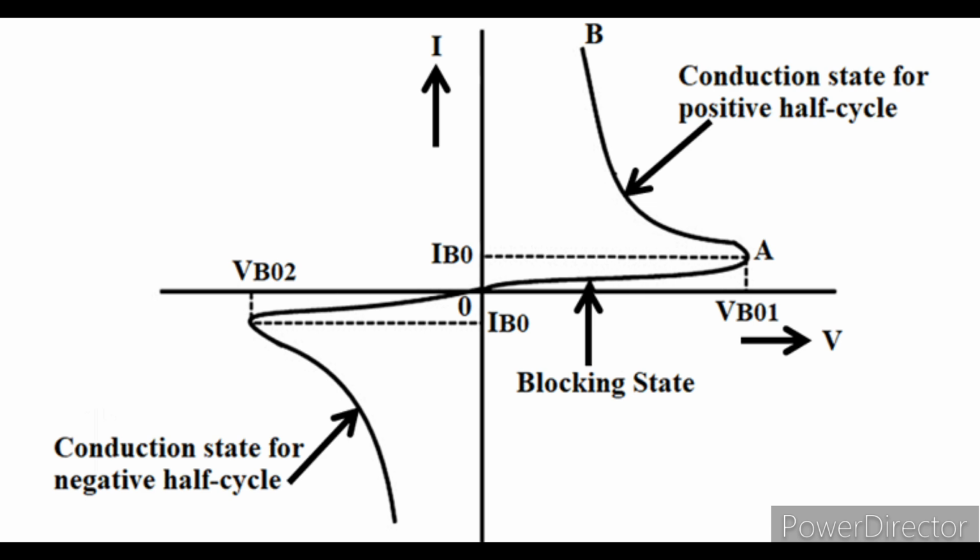So the DIAC generates a sharp pulse, that is a trigger pulse, to the gate terminal of the triac, such that the switching is symmetrical in both positive and negative half cycles, which means DIAC ensures the balanced conduction of current in both half cycles of the AC waveform.